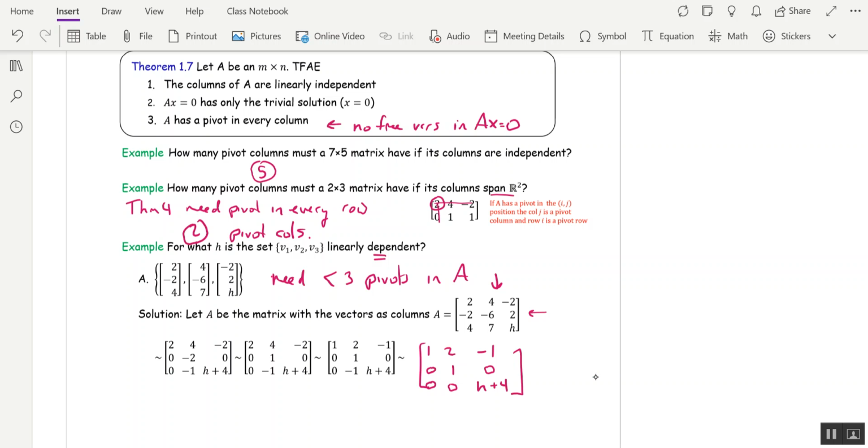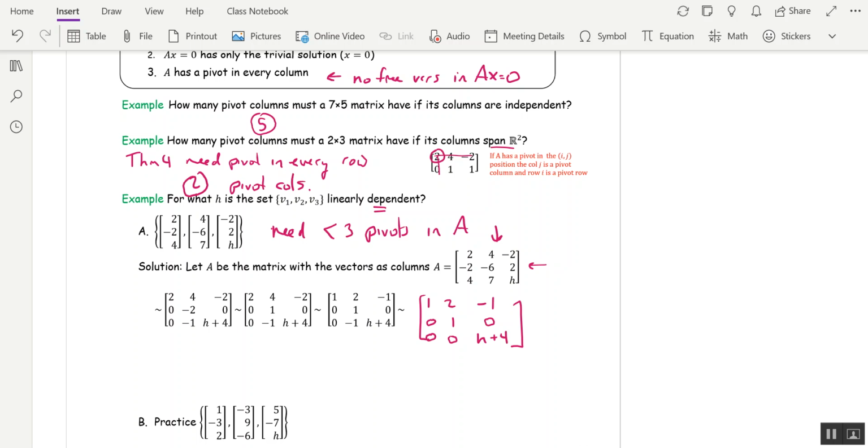When you're answering questions about pivots, you can stop at echelon form. You don't need reduced echelon form to see pivots. You only need echelon form.